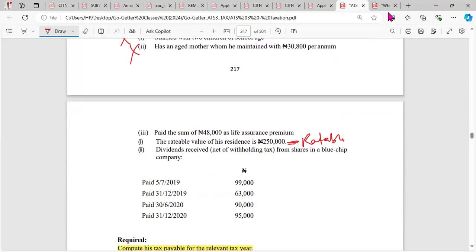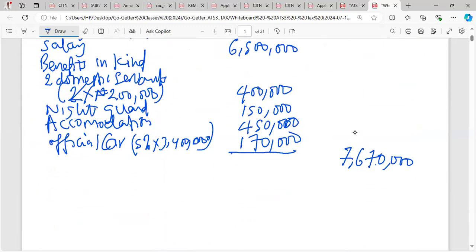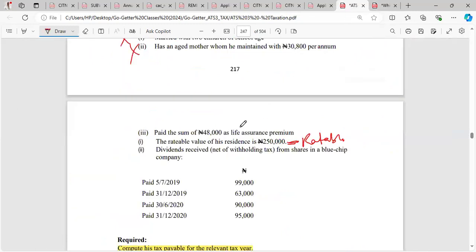Now, because we are dealing with the 2020 year of assessment, dividend is an investment income. So I will come here and say unearned income, and I will say dividend, gross. Now, two things happen here when I say gross. We need to check whether the figures given to us are gross.